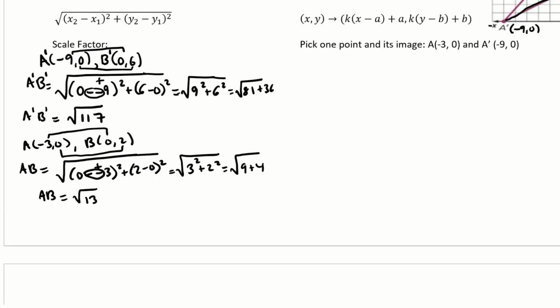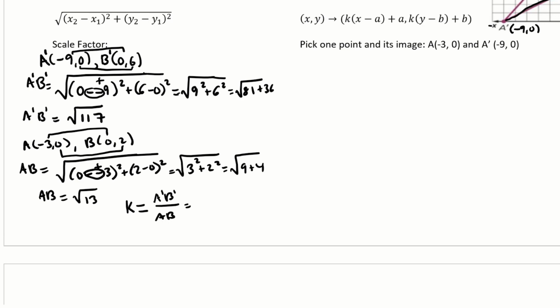Now we're going to find the scale factor. Remember, k is the scale factor. The scale factor is the image divided by the pre-image. The image is A prime B prime over the pre-image AB.